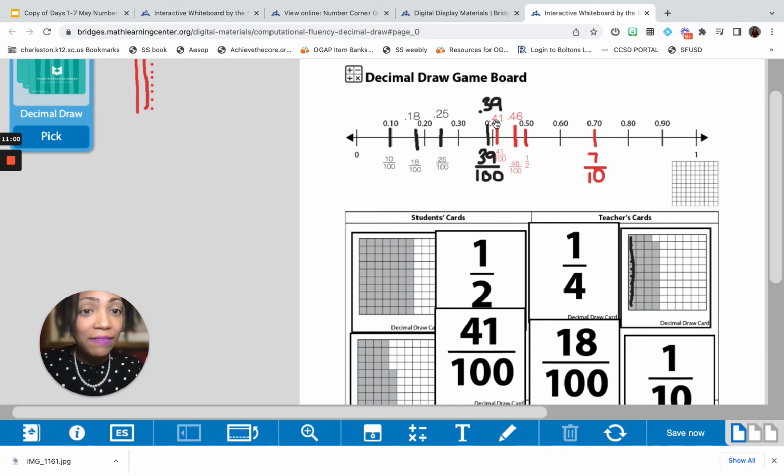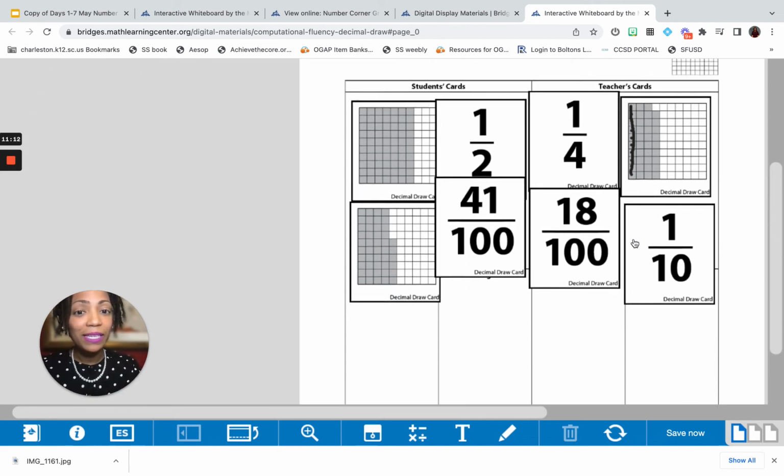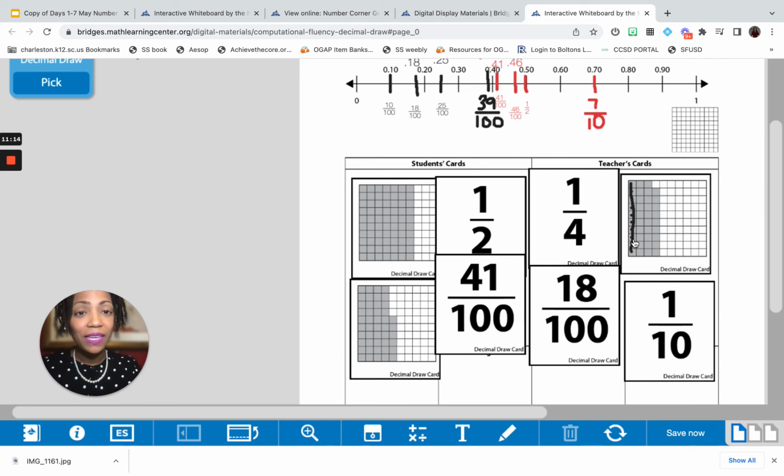You see, I have labeled it here for you so you can check your work. 41 hundredths is more than 40 hundredths, and here's how I would write that as a fraction, which it was already given to me, luckily. Now, here's the last piece of this game. You gotta add up your total to figure out who has the biggest number.